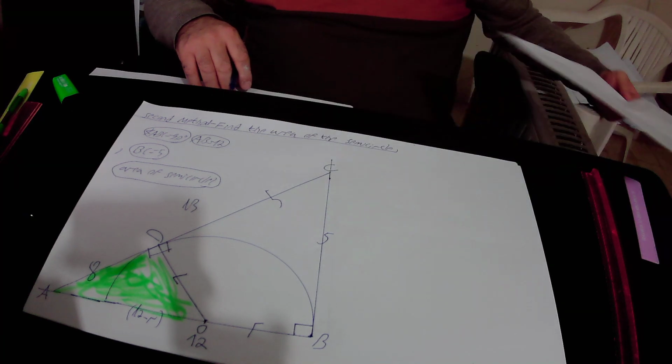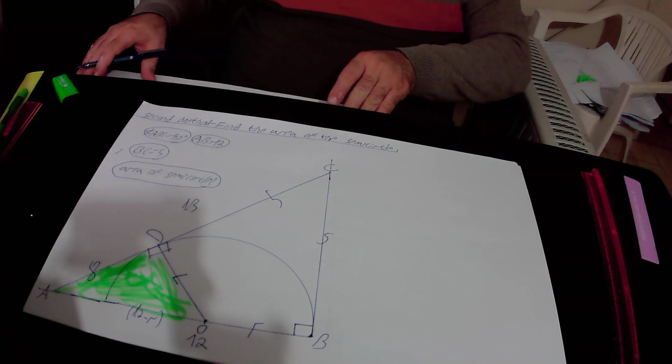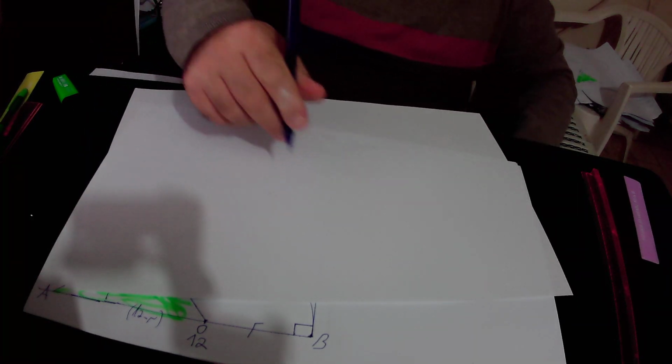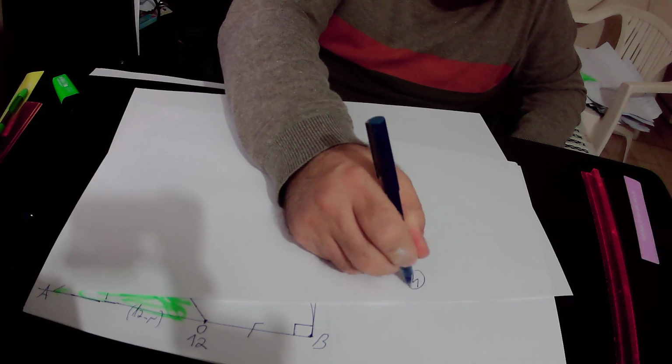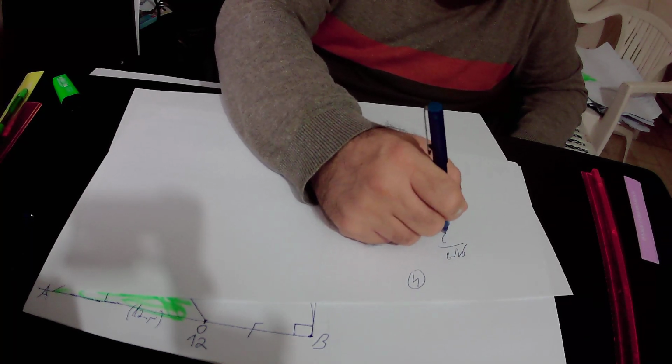of the semicircle will be equal to pi r squared over 2.